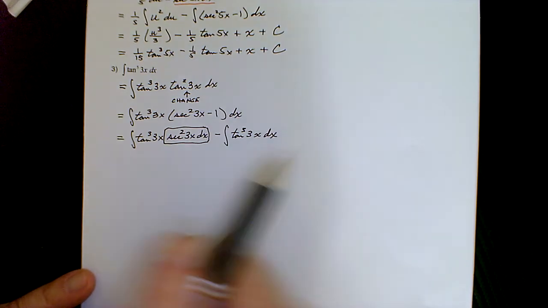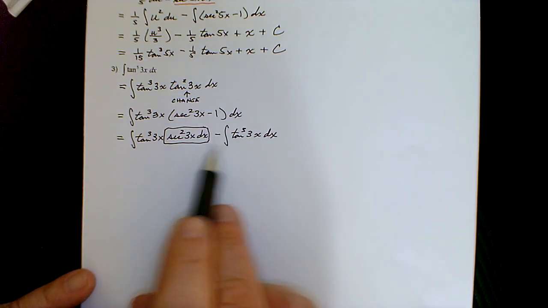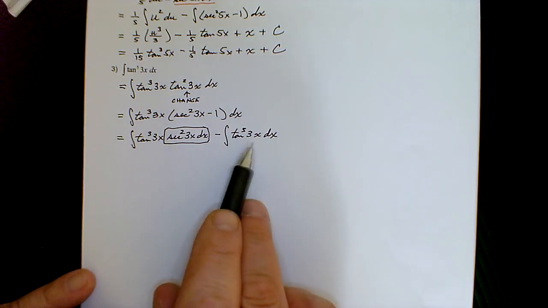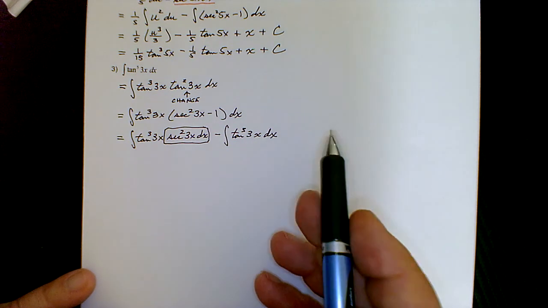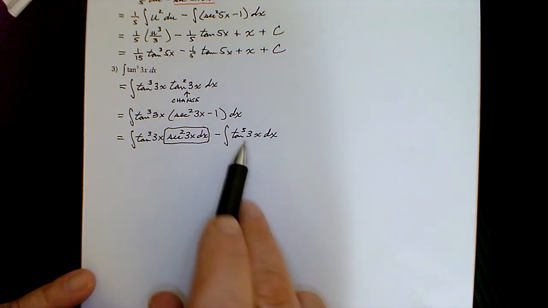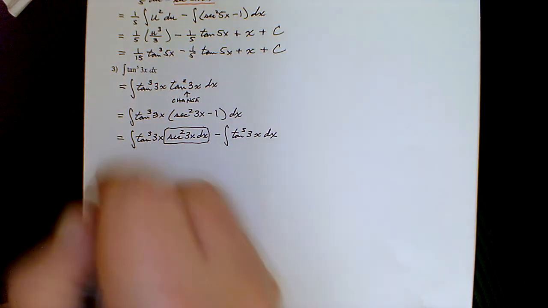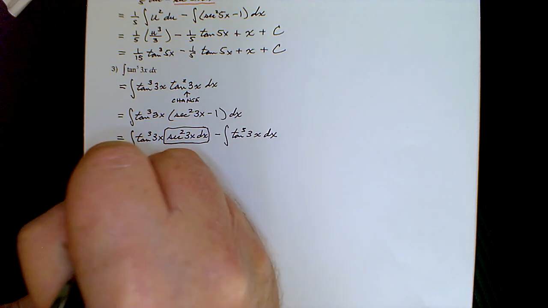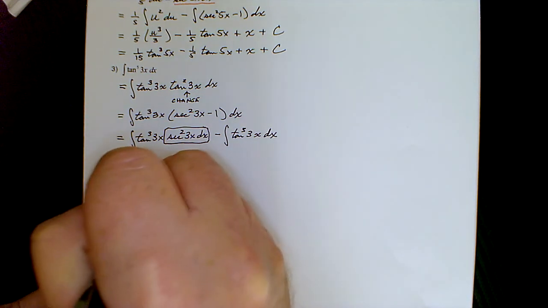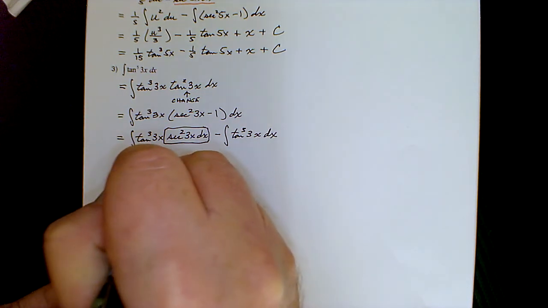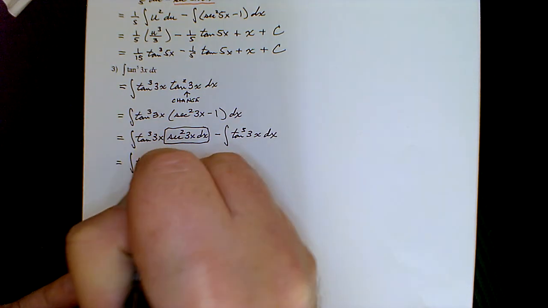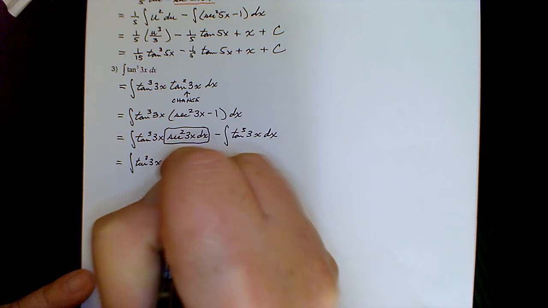And so I'm going to save all the integrations for later, because this tangent cubed now is like the problem on the previous page. That has to apply the method once again. So I'm going to save this integral. You don't have to really recopy it, but I'm going to.